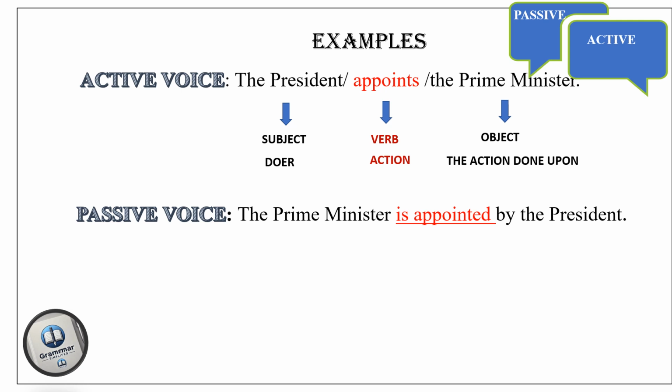That's why you should use the helping verb is. And you should change appoints into past participle form as appointed, then use the preposition by, then the president, which was in subject place, will become an object. So the answer is the prime minister is appointed by the president.